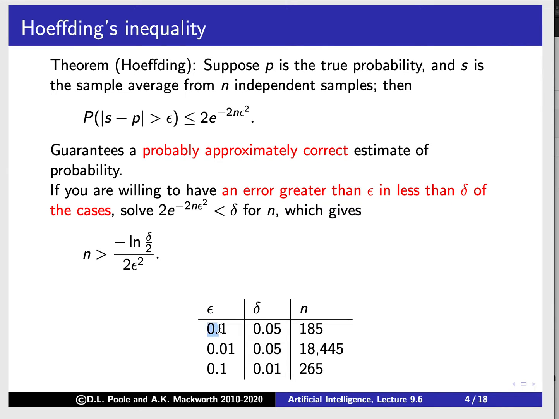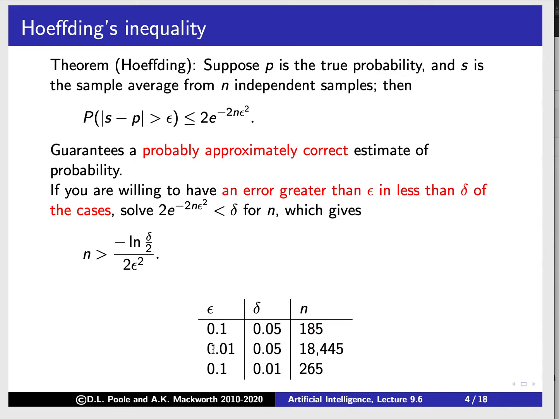So if we want an error of 0.1, so if you want one significant digit, and you want to do this 95% of the time, you need 185 samples. So 185 samples is enough to get one significant digit.